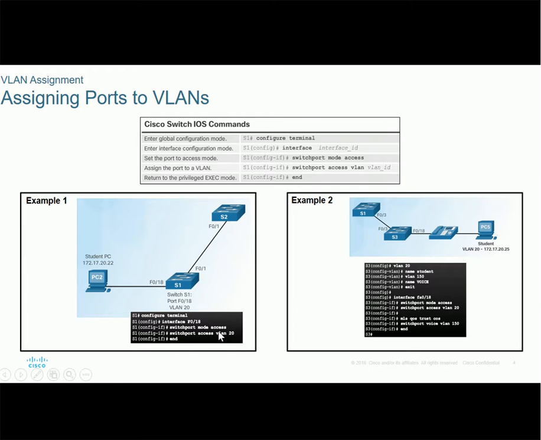If we wanted to specify a range of ports, then we would use interface range, then 0/18, with a dash to whatever port we want to stop at. So in this case, if we wanted to go all the way up to port 20, we would use something like interface range 0/18 dash 20.